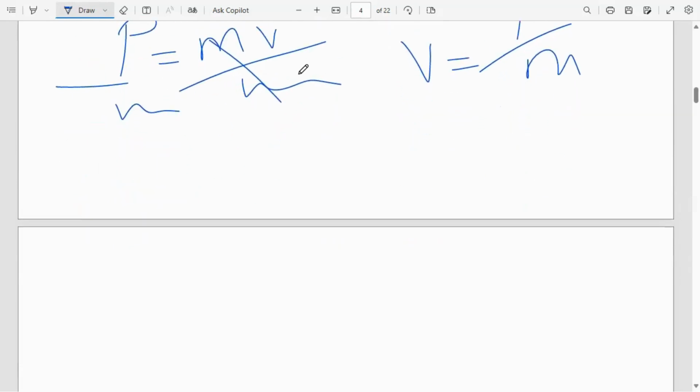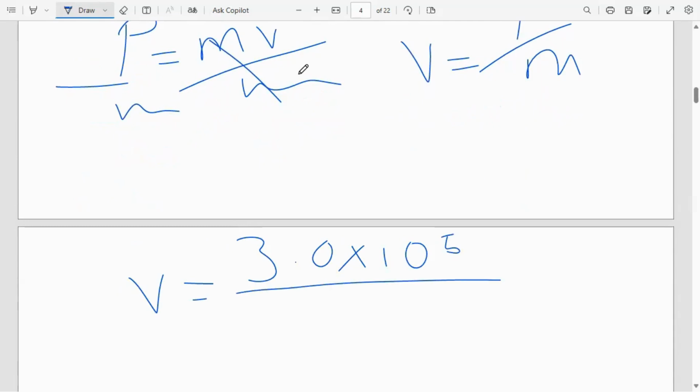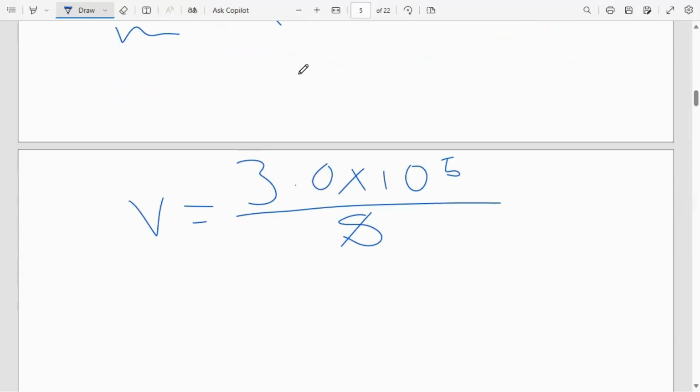If I plug in what I've been given, I get v equal to 3.0 times 10 to the power 5 over the mass, which is 8, the mass of the trash can.